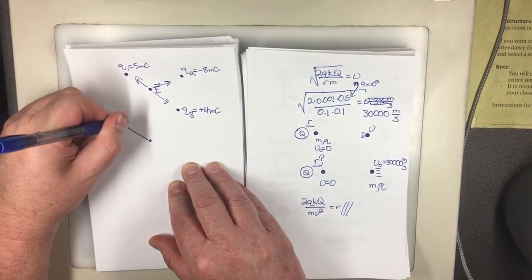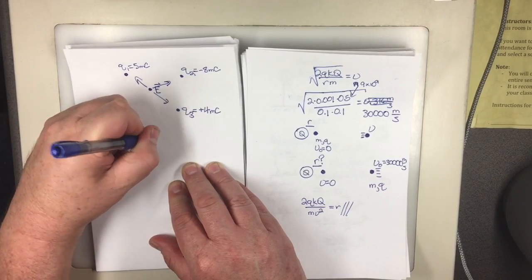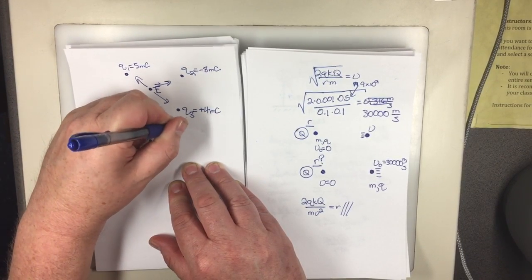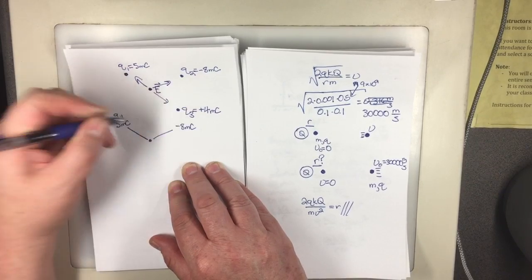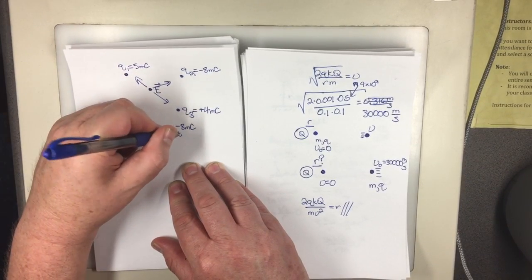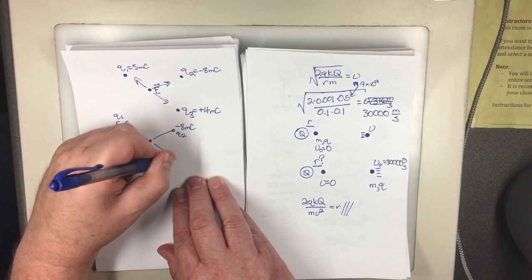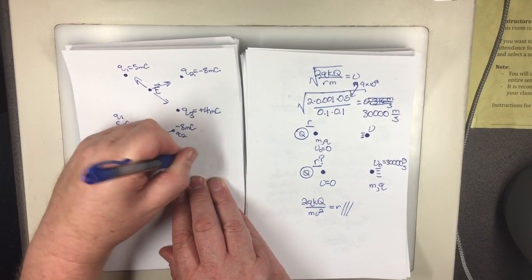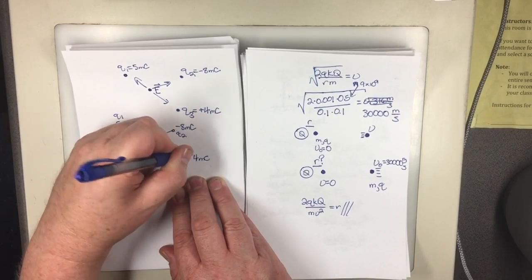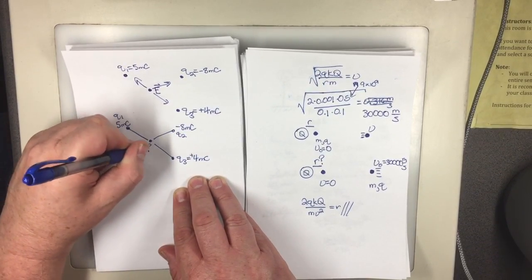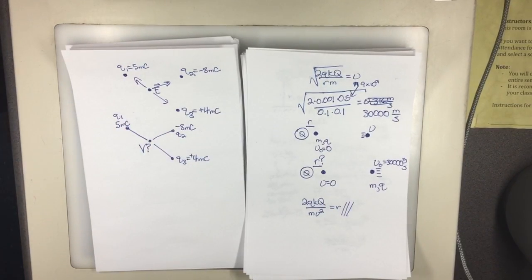But let's say I had the same 5 millicoulombs for Q1, the same negative 8 millicoulombs for charge 2, and Q3 is 4 millicoulombs. And I said, well, what's the total potential at that particular point?